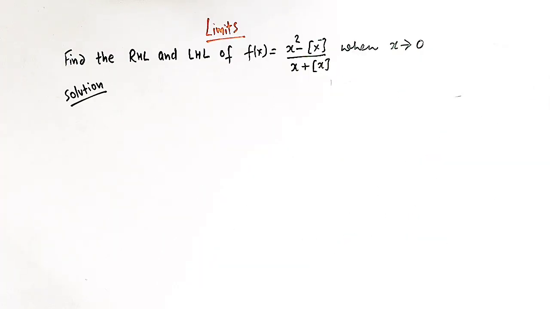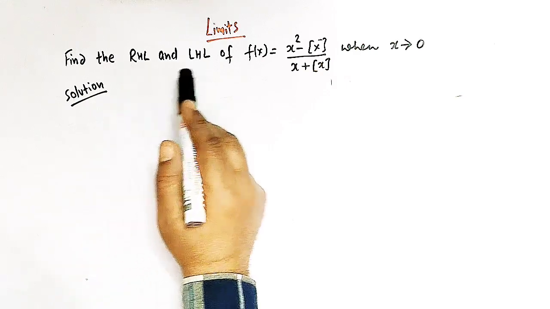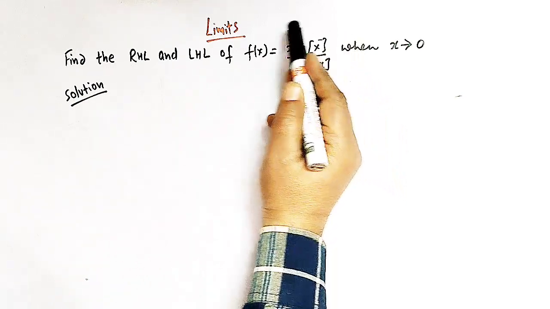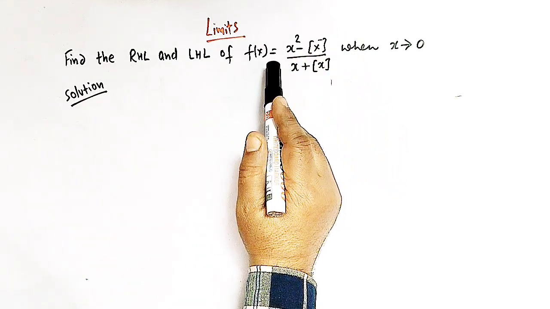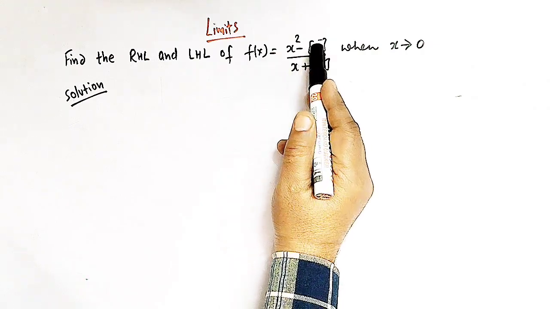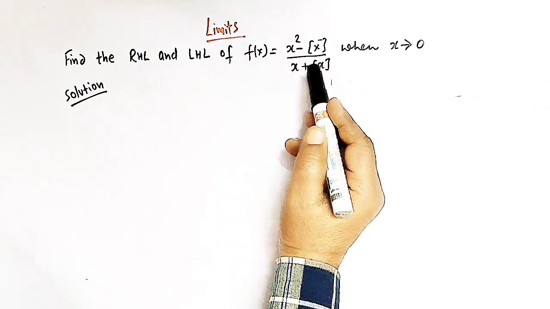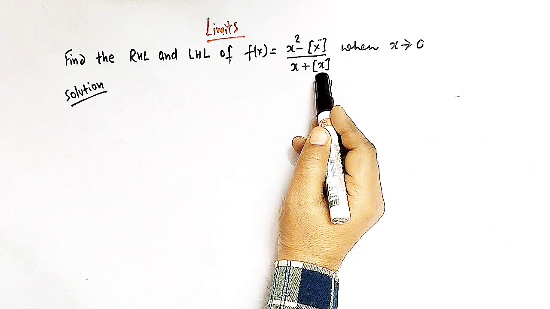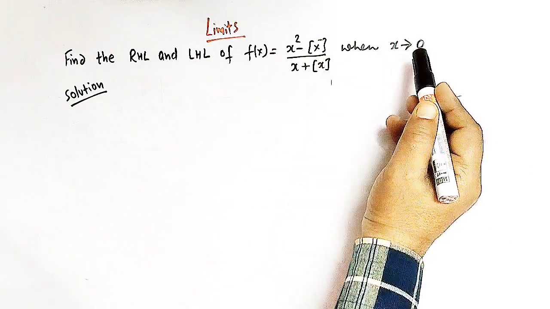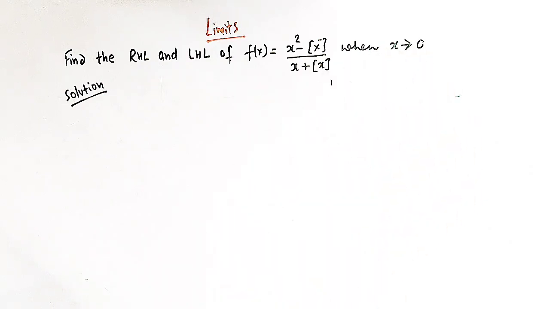Hello viewers, in today's session we are going to discuss an important and conceptual problem from limits, and here we are going to find out the right hand limit and the left hand limit of this function f of x, that is equal to x square minus greatest integer of x divided by x plus greatest integer of x when x approaches 0, right?